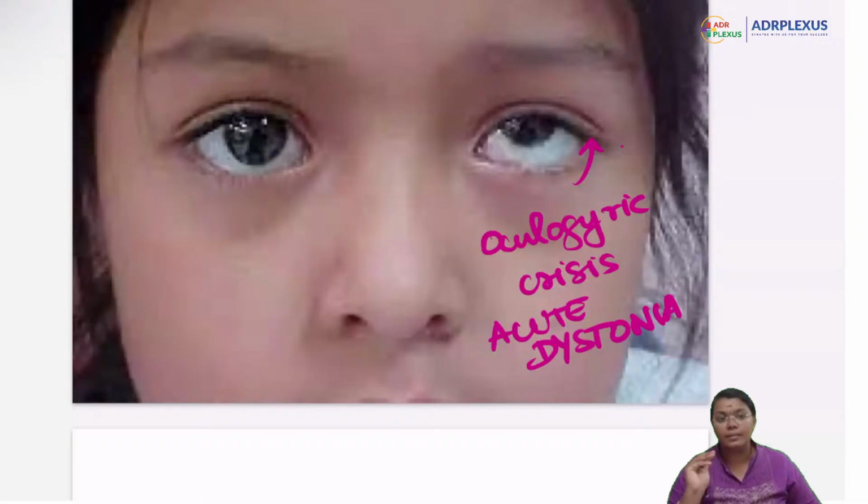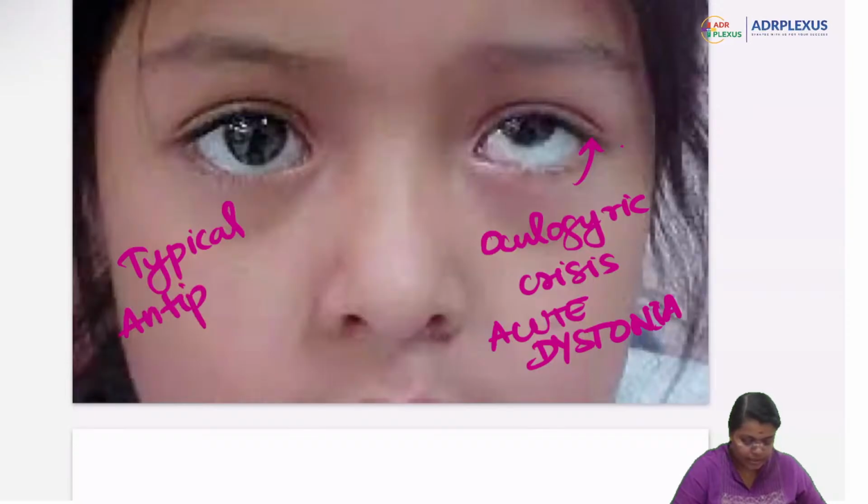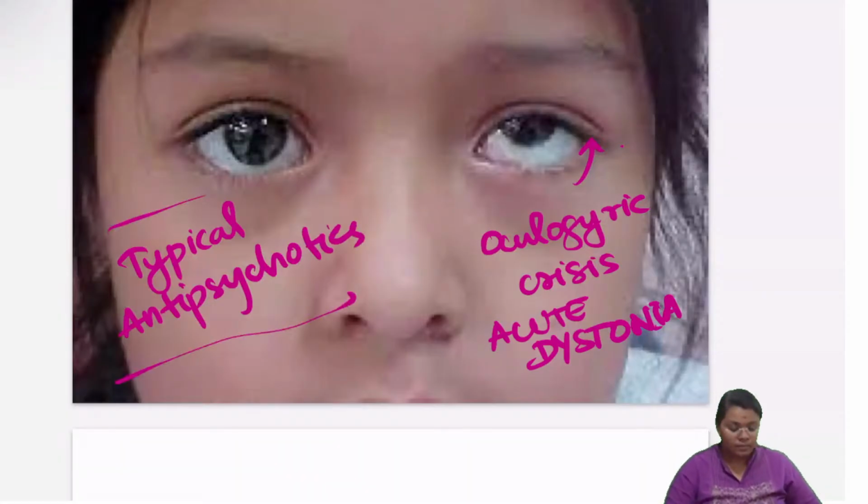It is a painful condition, so the patient will come in agony, right? It's oculogyric crisis, acute dystonia, which is a side effect of mostly typical antipsychotics, a dopamine antagonist side effect. Okay.